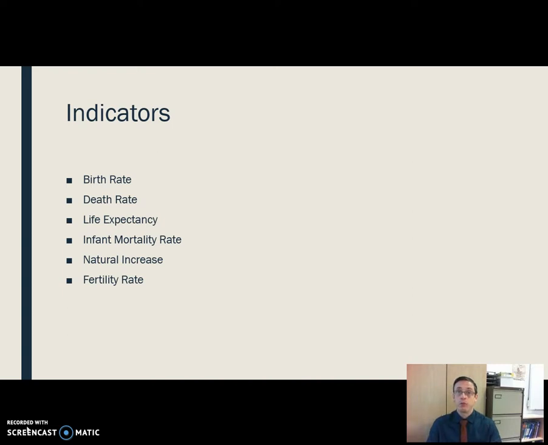Now the last one we've got here is fertility rate. Fertility rate and birth rate seem like they should be the same thing, and they are very similar. We're still looking at how many of a set of women give birth. However, with fertility rate, we define it a little bit more particularly.